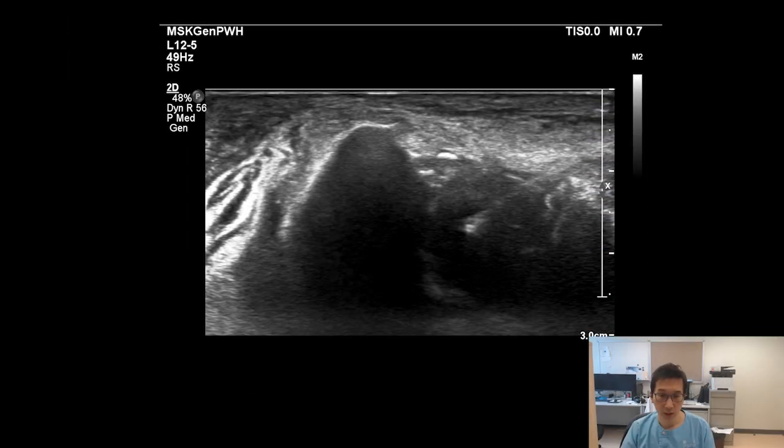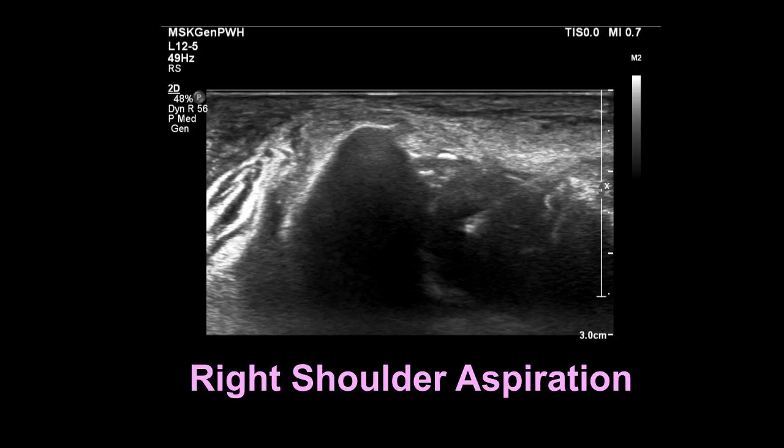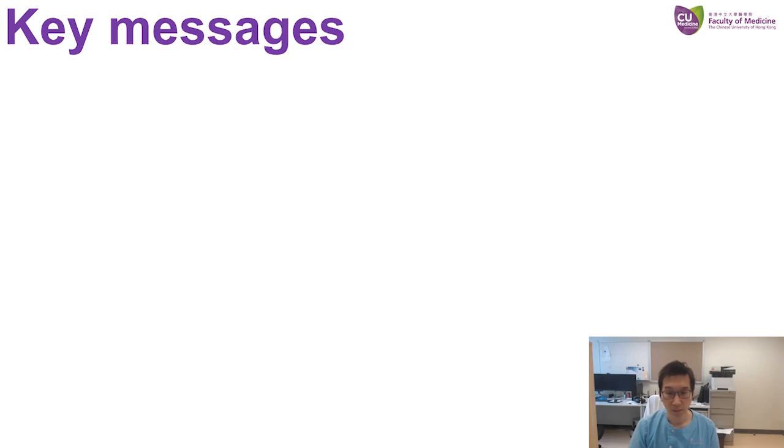Here, the patient had disseminated Staph aureus infection, and here an ultrasound probe is used to guide needle drainage into the right shoulder to aspirate an abscess which has formed around the shoulder joint in a patient with disseminated MSSA infection.